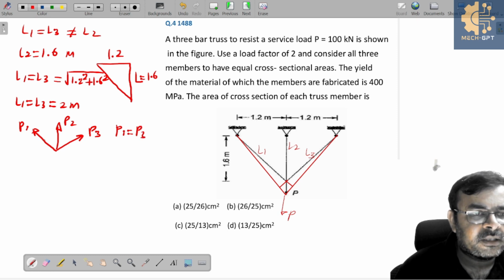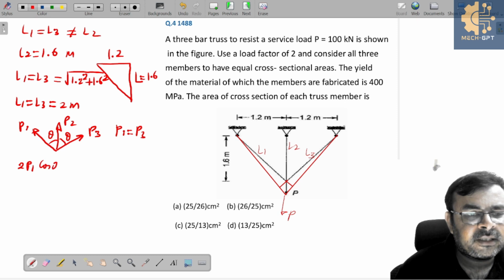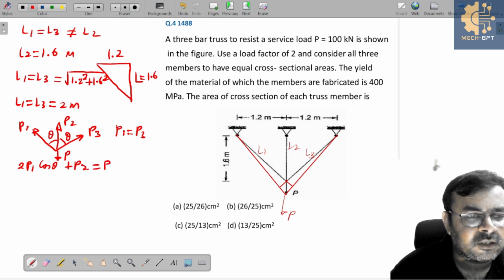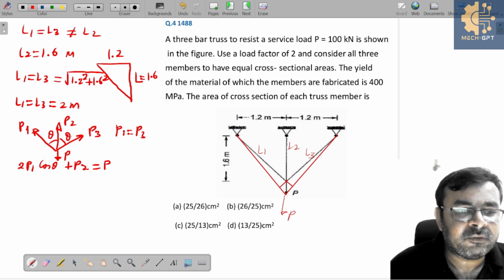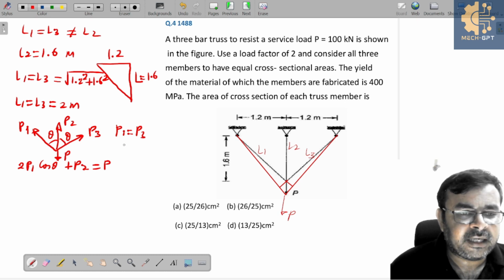If you resolve these two forces, let's say this angle is theta and this is also theta, so simply can I say 2 times P1 cos theta plus P2, and obviously here we have a downward direction P2 is equal to P. Can I write this? Because the vertical component of P1 is nothing but P1 cos theta, and similarly the vertical component of P3 is P3 cos theta, and since P1 and P3 are equal, so simply we can write 2 P1 cos theta plus P2 is equal to P.